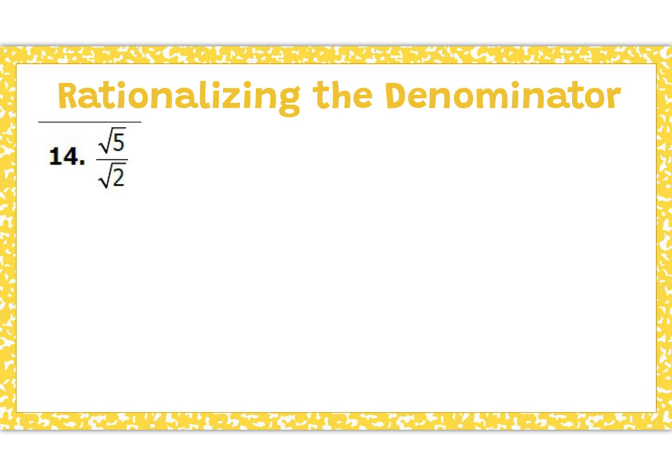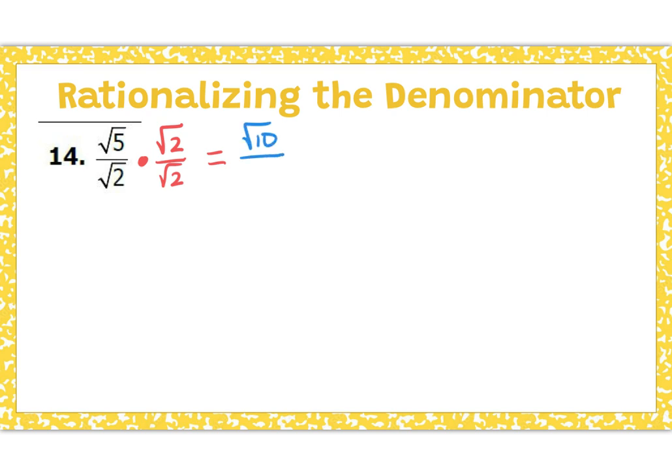Here we have an example where we have square root of 5 on top, square root of 2 on the bottom. I am going to rationalize my denominator because I want to get rid of the radical that's underneath the fraction. So I'm going to take the square root of 2, multiply it on the top, multiply it on the bottom. When we are multiplying the insides, we know 5 times 2 is 10.